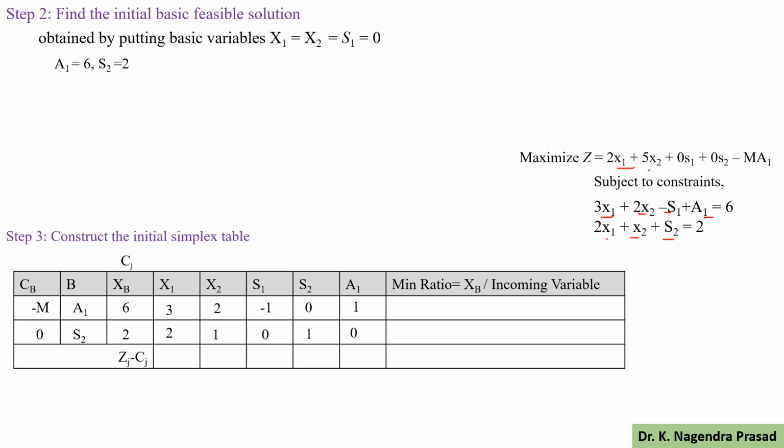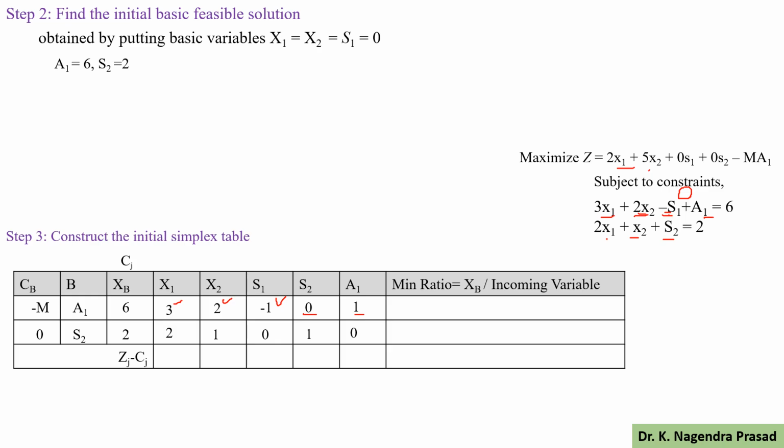And these values are the coefficients of the variables obtained from the constraint equations. The x1 coefficient is 3, x2 coefficient is 2, S1 coefficient is minus 1, and in the first constraint there is no S2, so its value is 0, and A1 coefficient is 1.